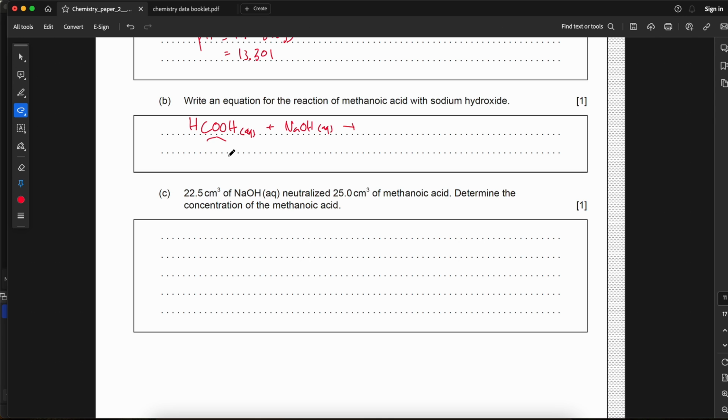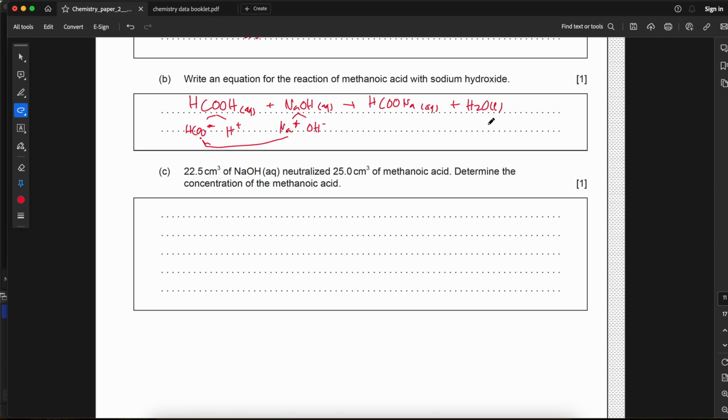HCOOH is an acid, so it produces H plus and HCOO minus. So Na plus, and then OH minus. The positive ion will pair with the negative ion. So HCOONa, negative and positive cancel out, aqueous, plus H2O liquid.